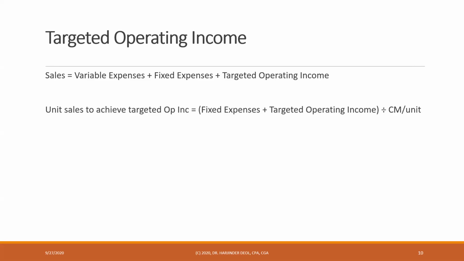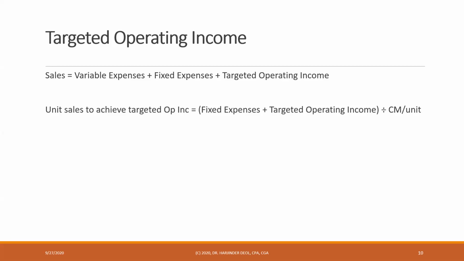So for the unit sales to achieve the target operating income, if you are looking at the total number of units to sell in order to achieve a targeted operating income, then we need to take our fixed expenses, add our targeted operating income, and that total will be divided by your contribution margin per unit.